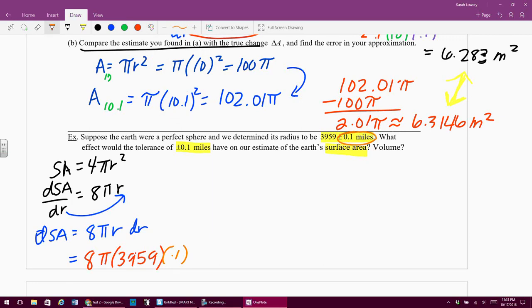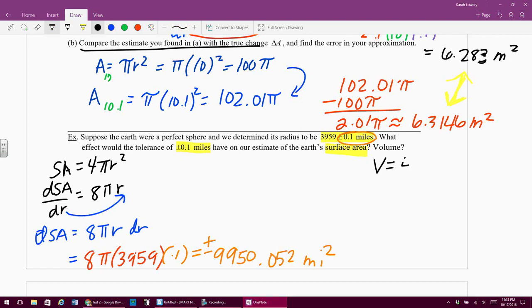And if we do that, I'm going to find that this is 9,950.052 miles squared. And I'm going to put a plus or minus in it because that means that if this is a plus or minus 0.1 miles, technically my surface area could be off by as much as close to 10,000 miles.